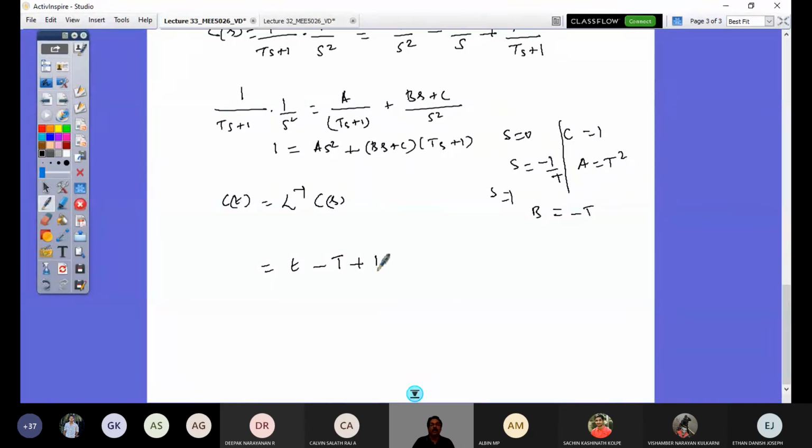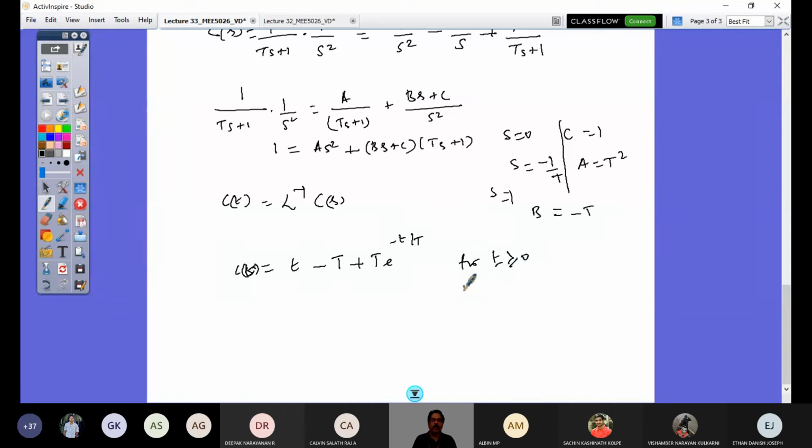Then again, it is very interesting here if we are going to analyze your output. This is for t greater than or equal to 0. So I would get my error signal. What is my error signal? It is the difference between input and output.